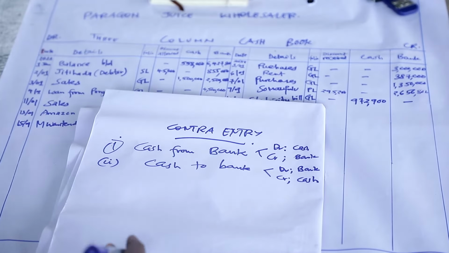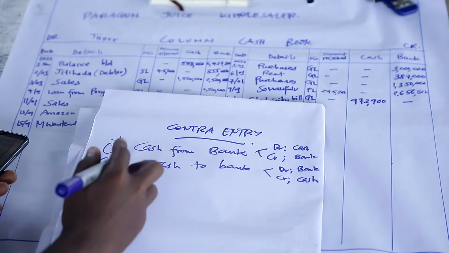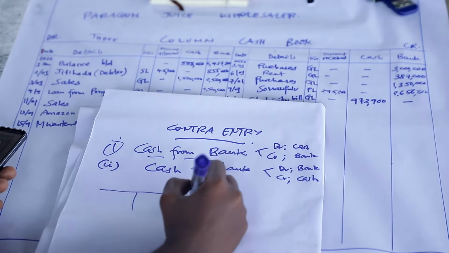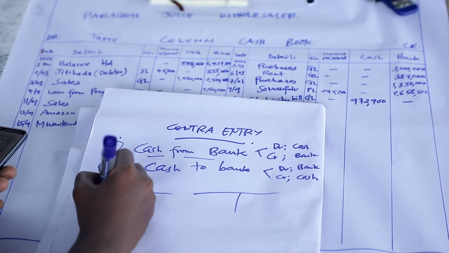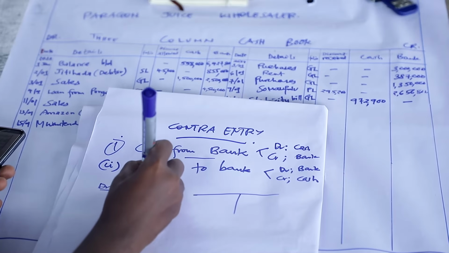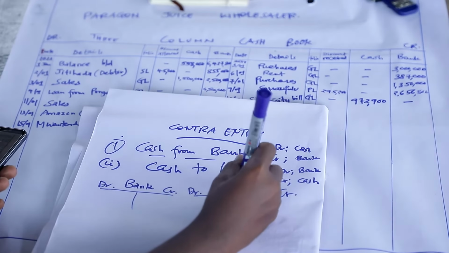So on 18th, cash was drawn from the bank for business, so it was cash from bank. So if we have our two accounts here, kama tuna account ya bank na cash, hapa tunayo bank account na hapa tunayo cash account.